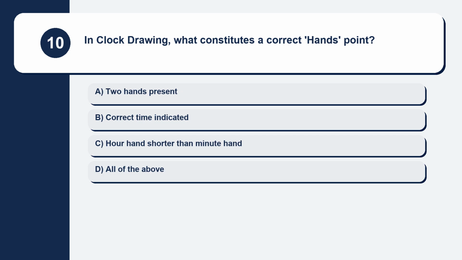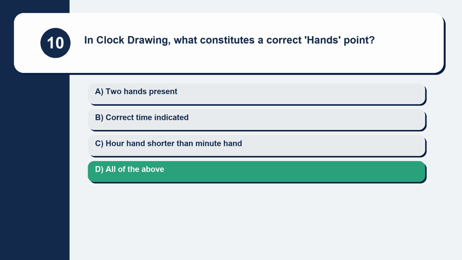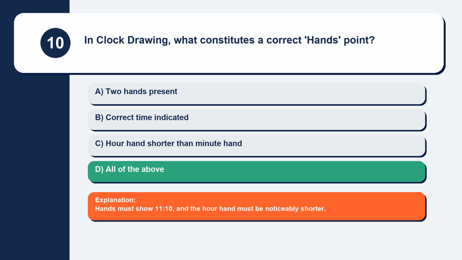Question 10. In clock drawing, what constitutes a correct hands point? 2 hands present. Correct time indicated. Hour hand shorter than minute hand. All of the above. Hands must show 11:10, and the hour hand must be noticeably shorter.